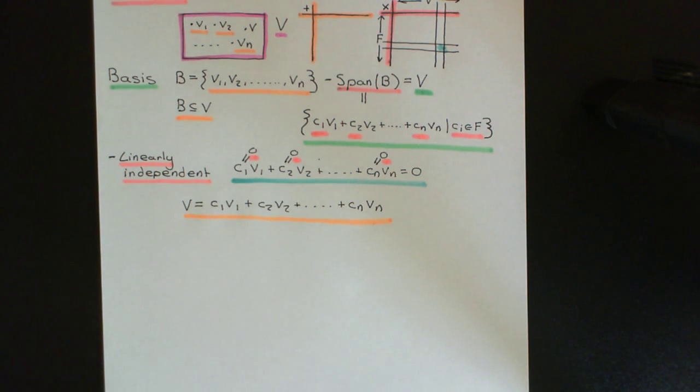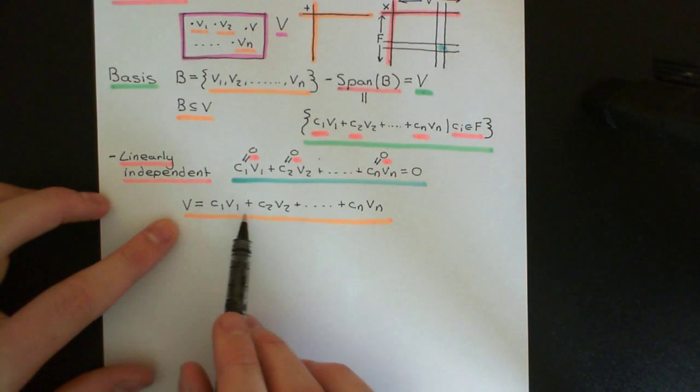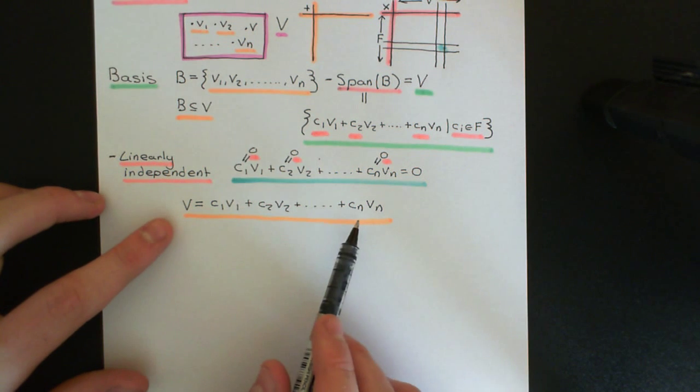Okay, so one and only one linear combination of the vectors will give each of the vectors of the vector space. That then is what a basis actually is. So what this means is that if you have an arbitrary vector in your vector space, capital V, you can write this vector as a linear combination of these n vectors.